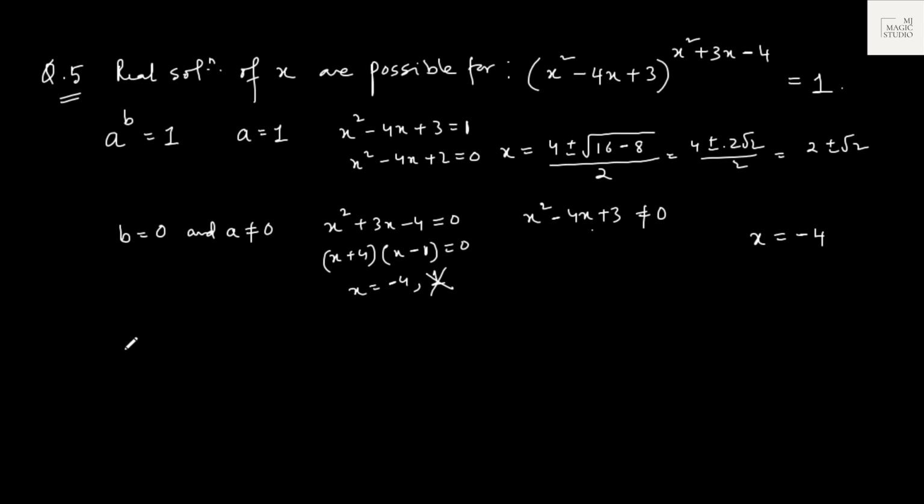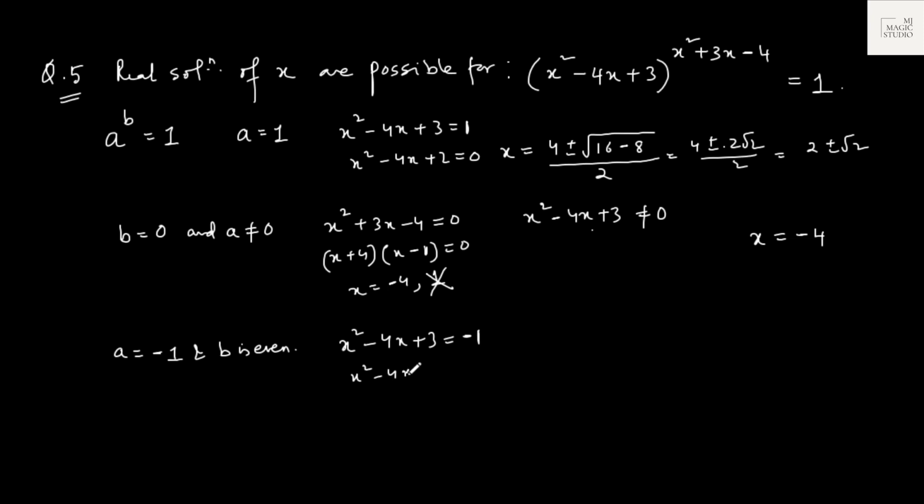Now, one more condition is possible, that a is equal to minus 1 and b is even. If a is equal to minus 1 and b is even, then also we'll get a to the power b equal to 1, isn't it? So this time I would be equating x square minus 4x plus 3 equal to minus 1.